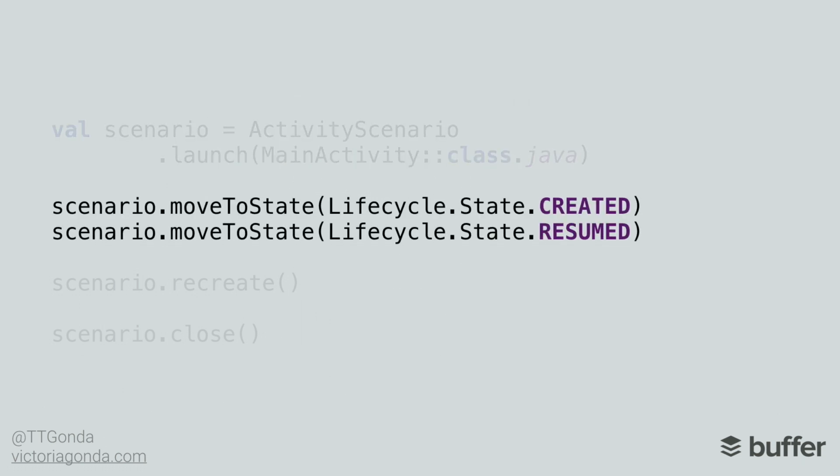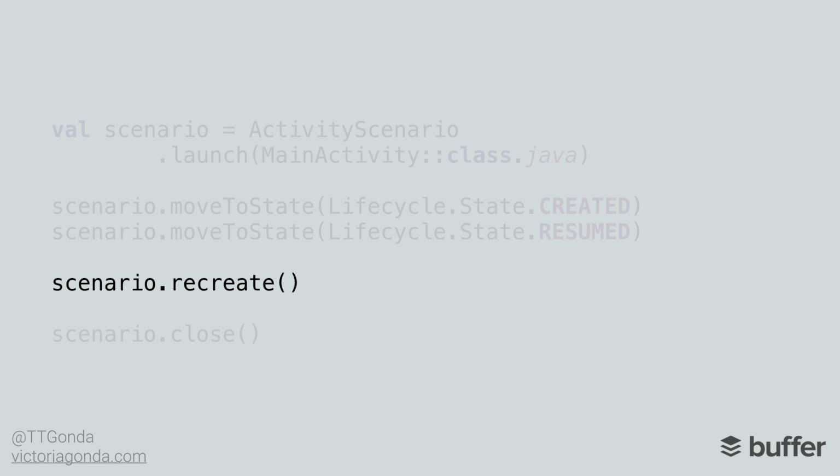You could then test the way your app behaves under certain lifecycle events by using a move to state call. You can, that way, step through lifecycle events, verifying your app's behavior. The framework will keep you from stepping through in an invalid way, eliminating the cognitive load there. For example, it won't let you move on after you've destroyed the activity.